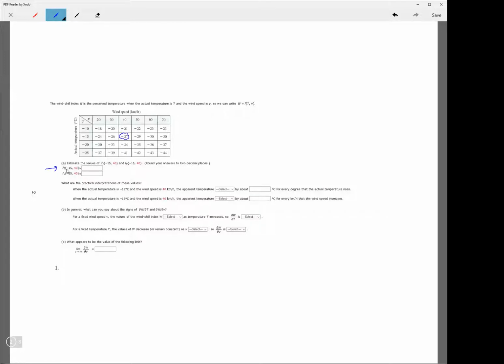It's not the same as the derivative. But you're taking the partial with respect to t, so that means as you're coming in right here.